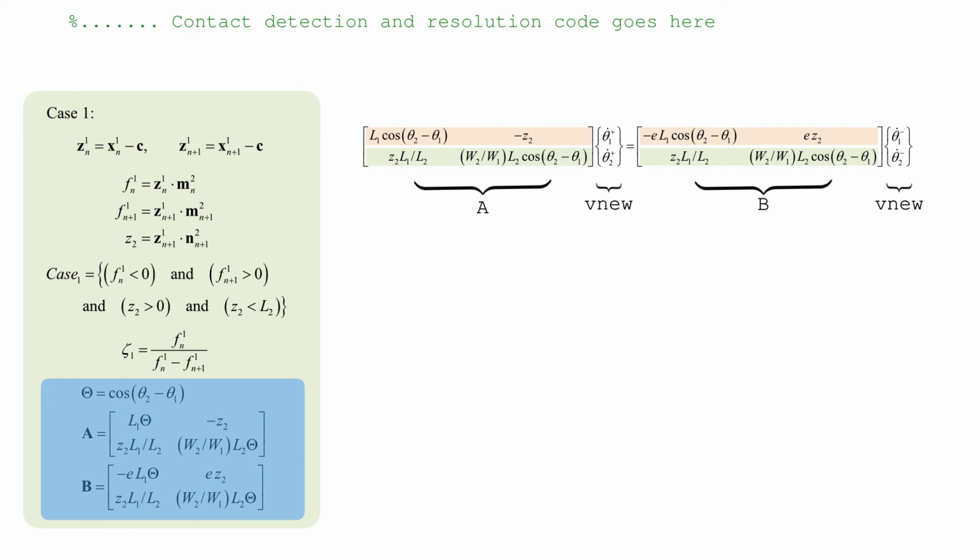Once we compute the values of the A matrix and B matrix, we can actually use MATLAB's built-in solver command. That's the backslash command. So we can use vnew equals A backslash B times vnew, and that's going to give us the velocity after the impact. You'll want to follow the same process for case 2 as well.